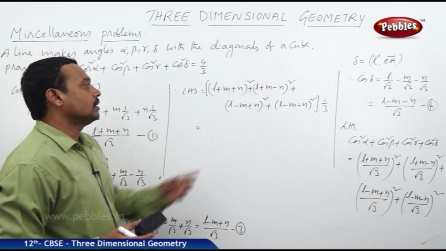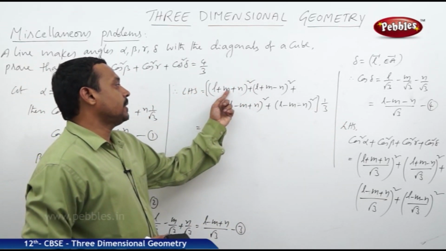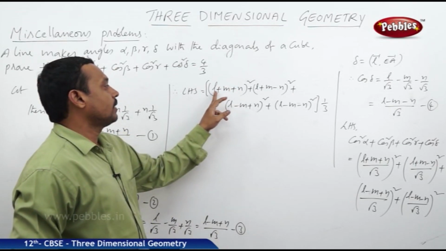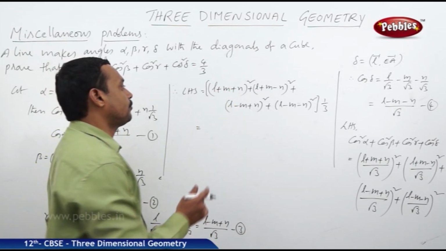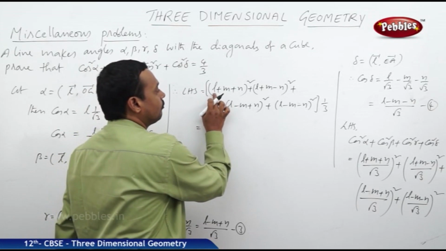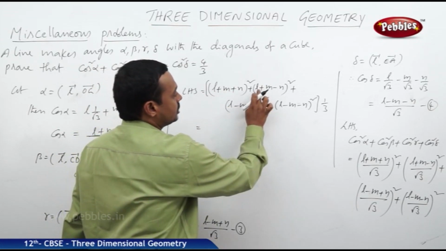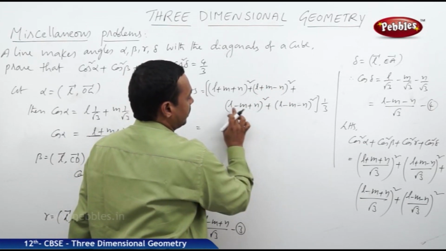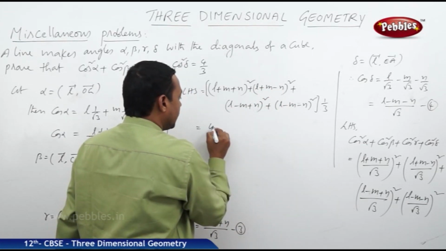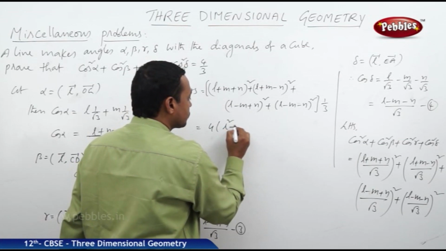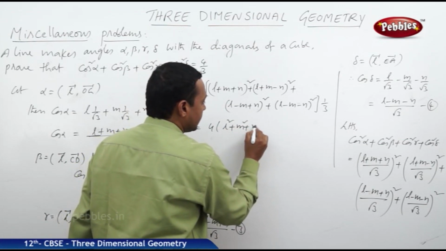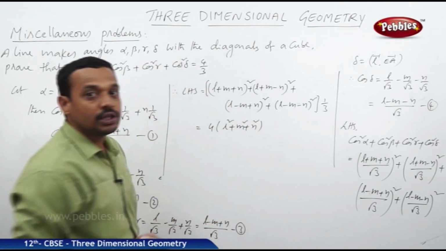Now see what happens. It is a plus b plus c whole square. When I expand the a plus b plus c whole square form, here we get one l square term, m square term, n square term, and here also we get l square, m square, n square. That means we get 4 times l square plus m square plus n square. What about the other terms?